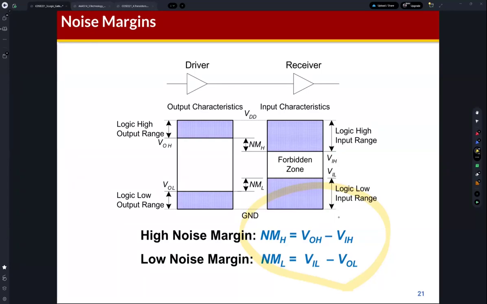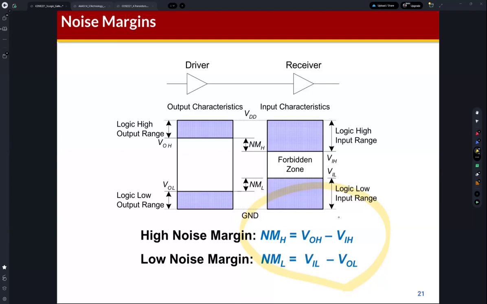I mentioned that the system needs to work correctly, which means we need to design a system considering some noise signals.